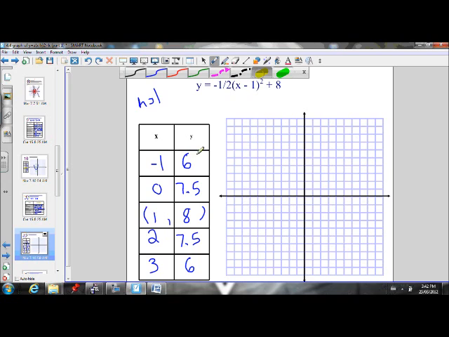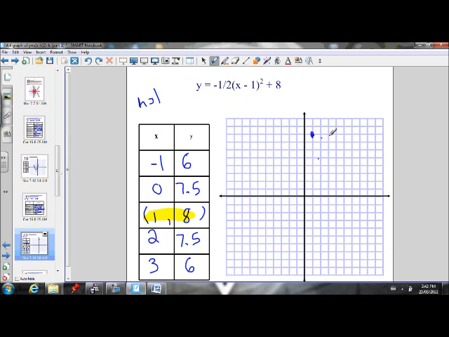So once again, here is our vertex, (1, 8). I'll just highlight that nicely for us. That's our vertex. And if we look at the y values, you'll notice that they're symmetrical on either side of the vertex. Let's plot these points and sketch our parabola. Plot the vertex first: 1 over, then 1, 2, 3, 4, 5, 6, 7, 8 up. Good. Okay, let's go to the right this time.